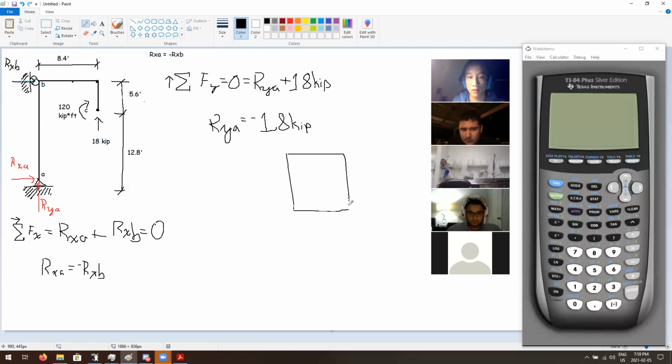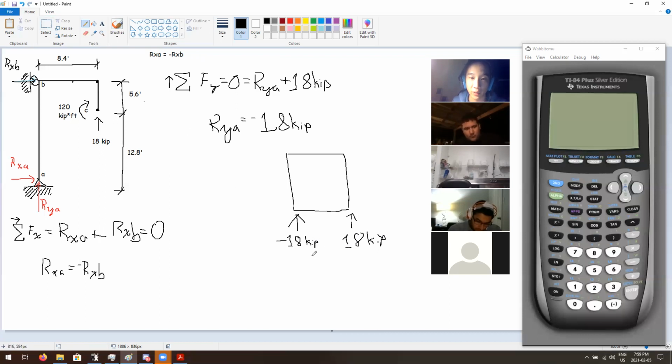We have an 18 kip here, and we have another force going here. You notice how both of the forces are pointing up? There's no other force pushing it down. So this is going to be pulling with a minus 18 kip. So it's in equilibrium.